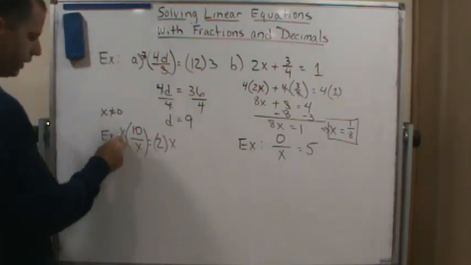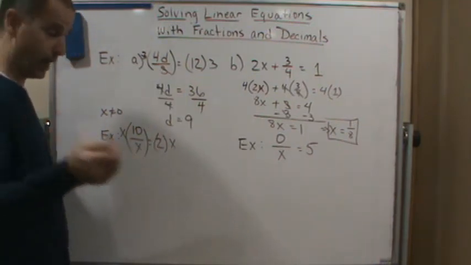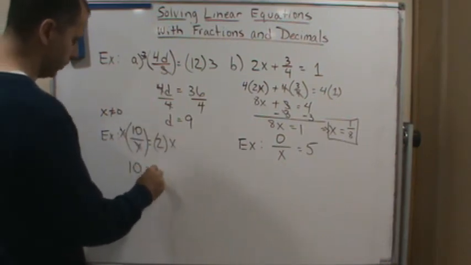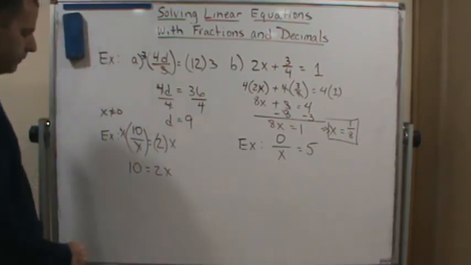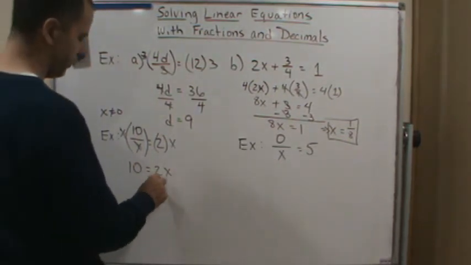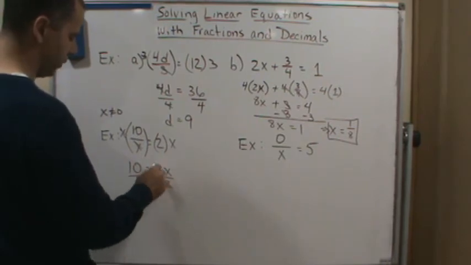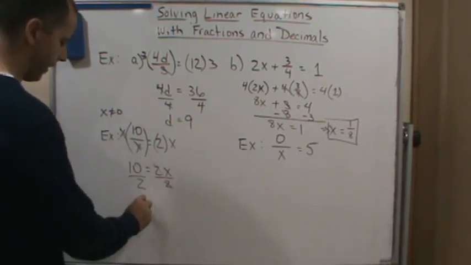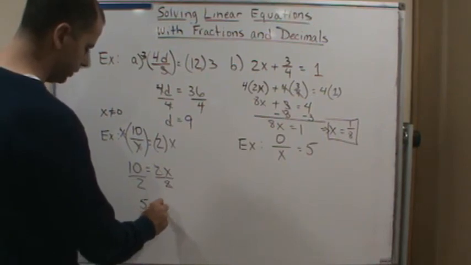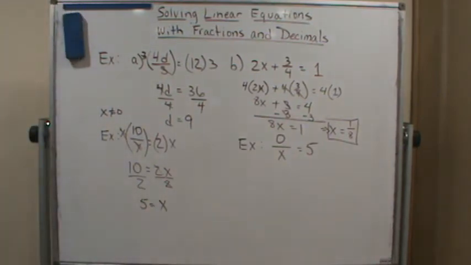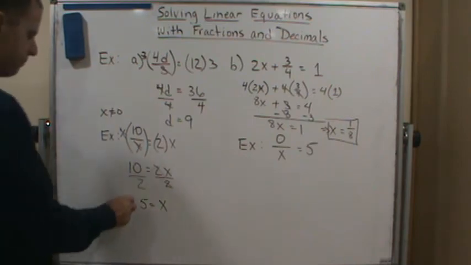And so what does that give us? Well, x divided by x, as long as it's non-zero, is 1. So we get 10 equals 2x. Now we divide both sides by 2 to isolate the x variable. We get 5 equals x, or x equals 5. And that's it. So the root is 5.